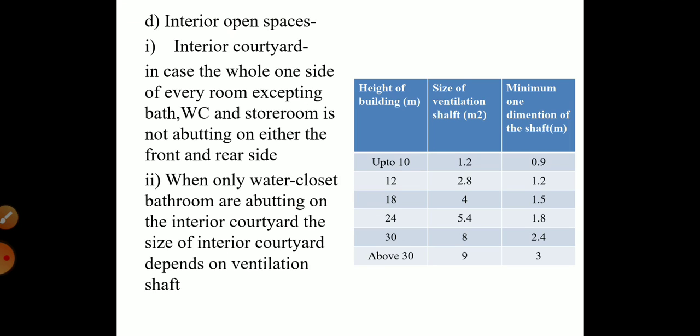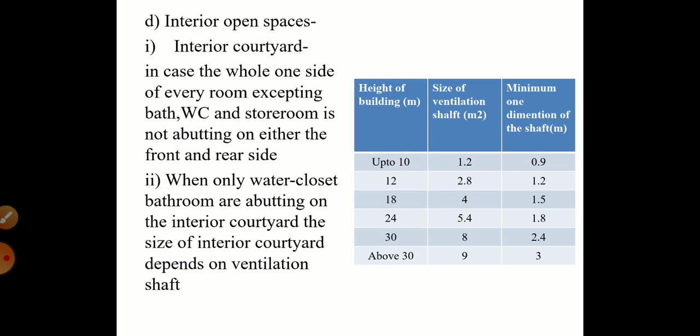In interior courtyard, in case the wall on one side of every room, excepting the bath, WC, and storeroom, is not abutting on either the front or the rear side, it will abut on an inner courtyard whose minimum width will be 3 meter. Further, the inner courtyard must have an area throughout its height not less than the square of 1/5 the height of the wall abutting the courtyard.